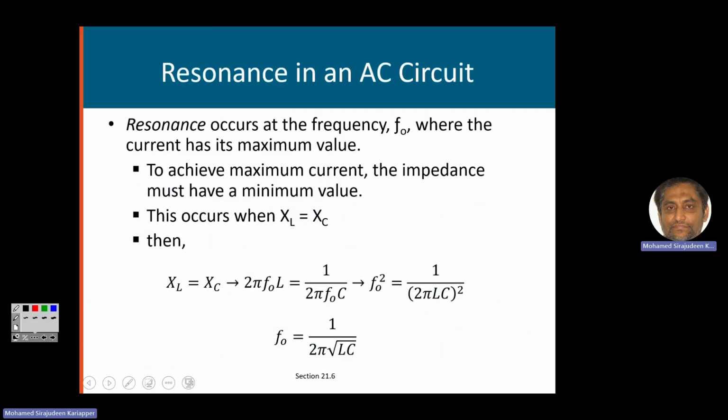We can get a formula expression for this resonance frequency by this logic. When does the resonance occur? Resonance occurs when the current has its maximum value. When do you get the maximum value? Because the current is equal to delta V over Z. We don't change the magnitude of the voltage.